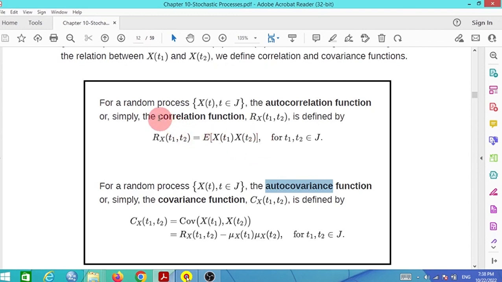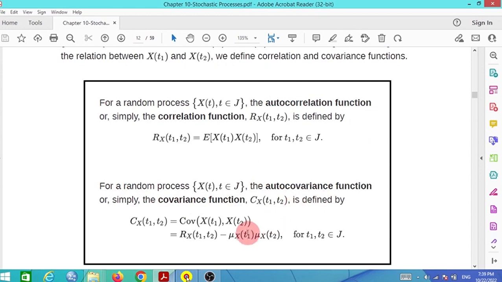This is named the autocorrelation function, or simply the correlation function.